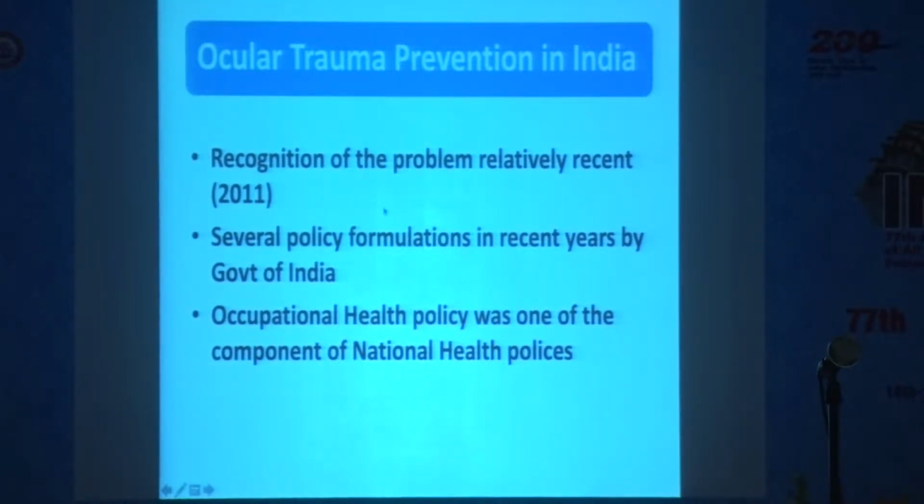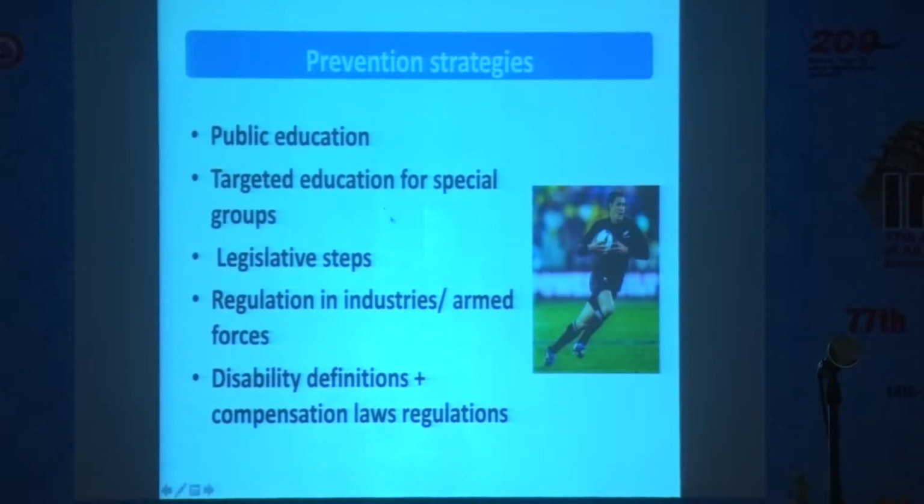but where our initiative and our advocacy will be very important in gaining anything. We also need to work hard at public education, special groups for workmen, for leisure related, sports related, and for combat related as well can work very well. Legislative steps are essential. Here again, inputs from societies like Asia Pacific and the national societies will be very important.